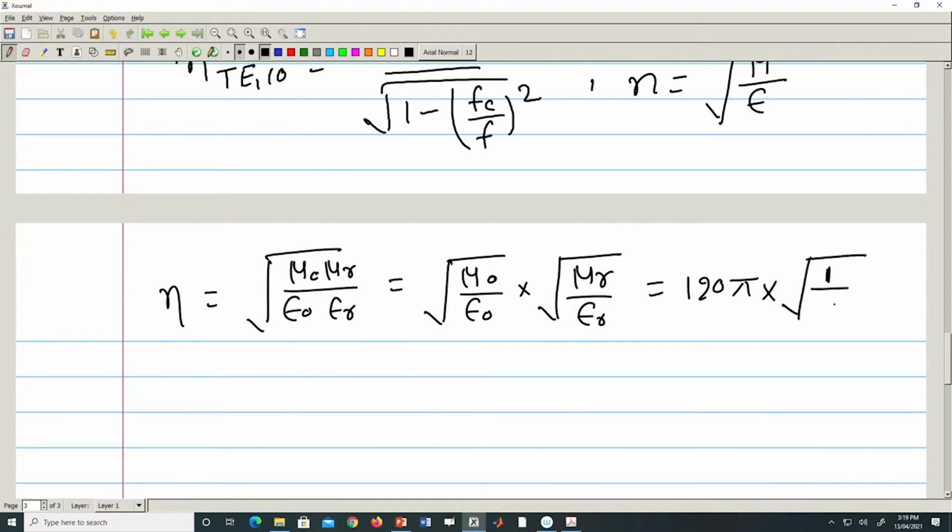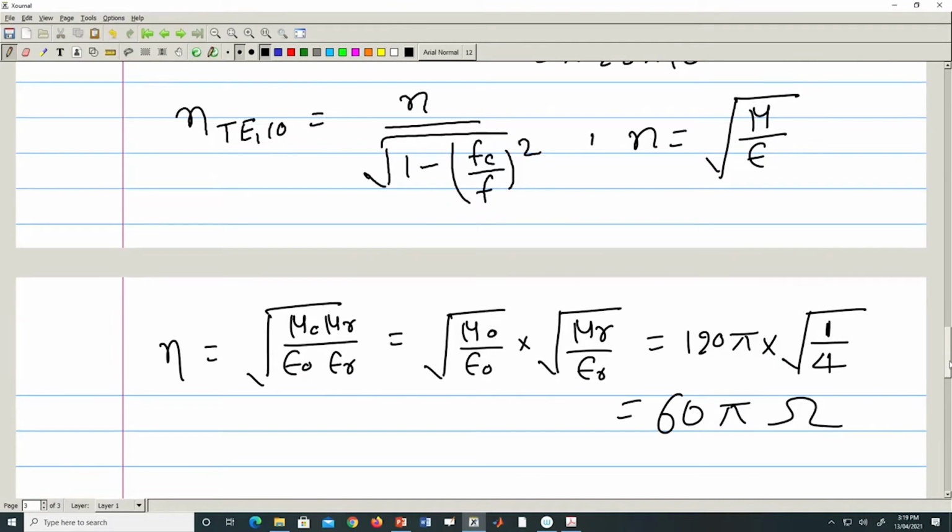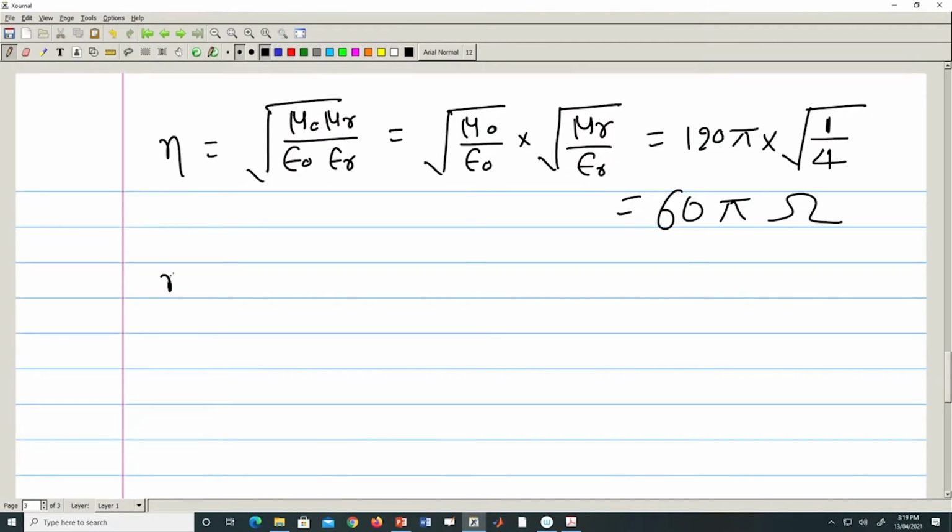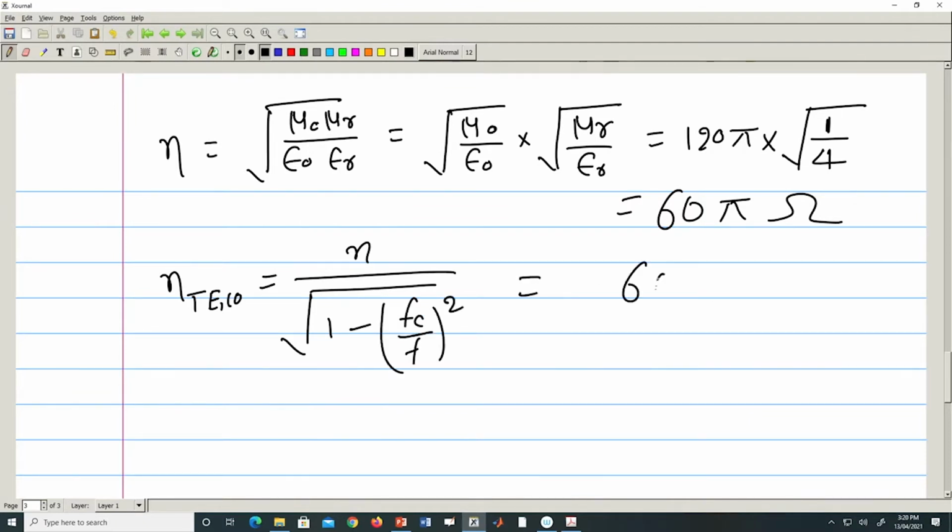From this we can substitute all the values, Fc and this eta, in the TE10 mode. So the wave impedance for the TE10 mode will be eta divided by the square root of 1 minus Fc whole square. So it will be 60 pi divided by the square root of 1 minus Fc over F, where Fc is 3 gigahertz and F is 18 gigahertz, both in gigahertz, so that is cancelled.